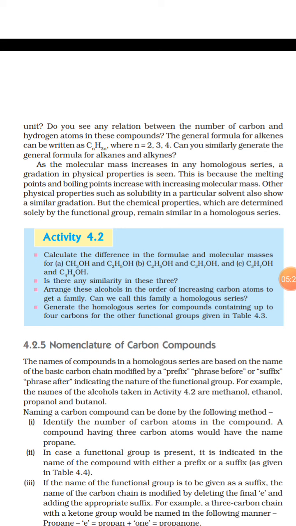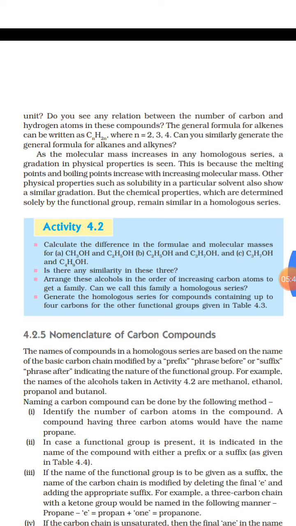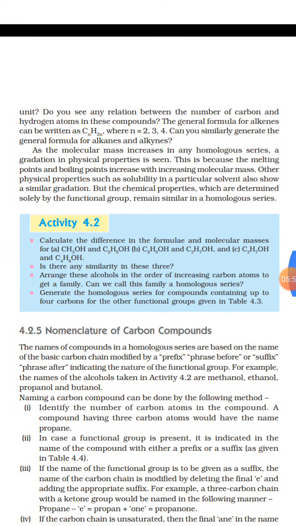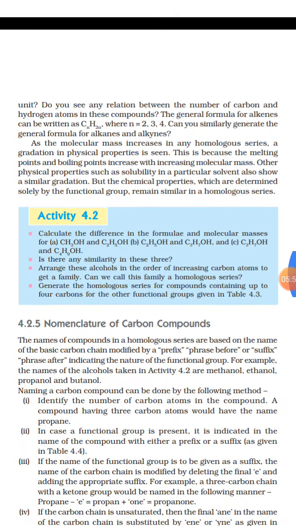Instead of 2n, which we wrote for alkene, we just write 2n plus 2. And if we talk about alkynes, the formula will be CnH2n minus 2. Okay students, as the molecular mass increases in a homologous series, a gradation in physical properties is seen.